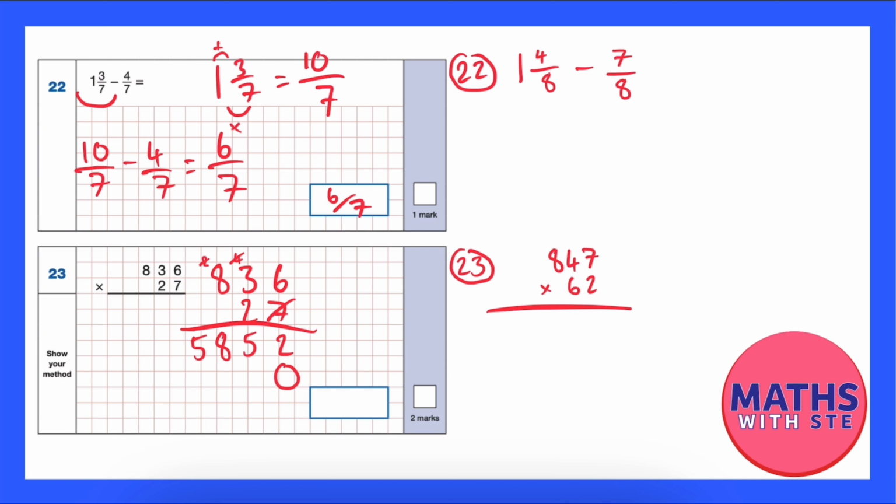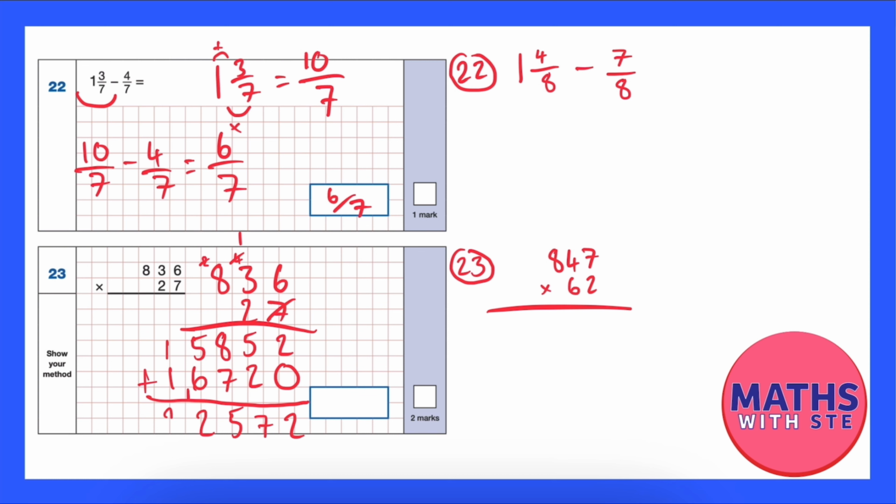Okay, 2 times 6 is 12, so 2 goes there, and 1 gets carried. 2 times 3 is 6, add 1 is 7, and 2 times 8 is 16. Okay, cool, now I just need to add these up for my final answer. 2 add 0 is 2, 5 add 2 is 7, 8 add 7 is 15, carry that 1, put it there. 5 add 6 add 1 is 12.